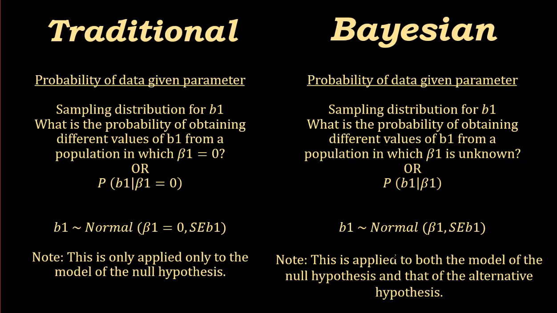And for the Bayesian method, exactly the same, with the difference that the mean will take different values. So we are going to have different possibilities for beta 1, not just beta 1 equals 0.